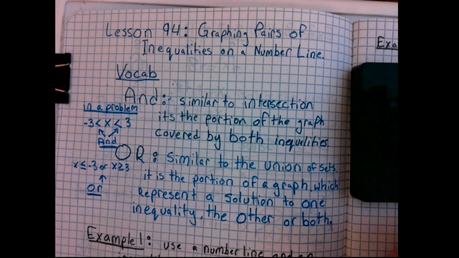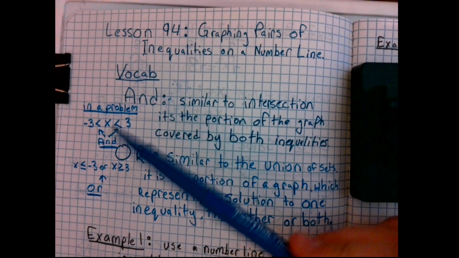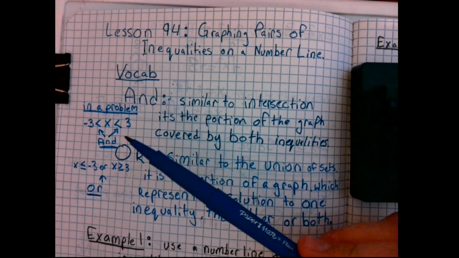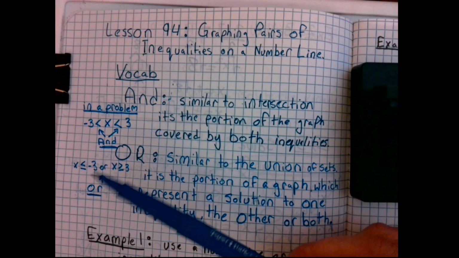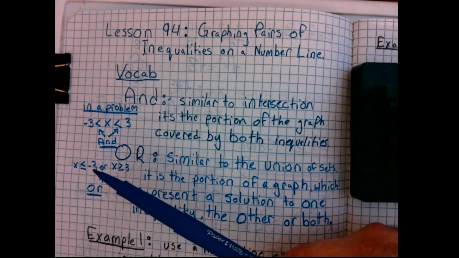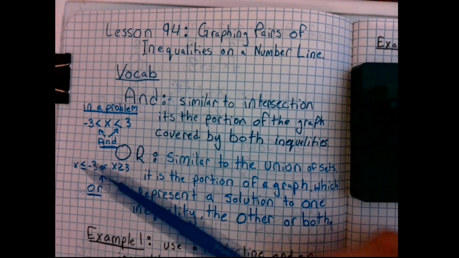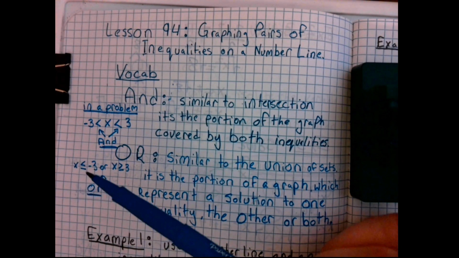An important thing to note, if we have a less than, such as this, versus a less than or equal to over here, a less than has an open dot on its graph. A less than or equal to will have a closed dot on its graph. The reason for that is the graphs of an inequality are the numbers which you could plug in for x.